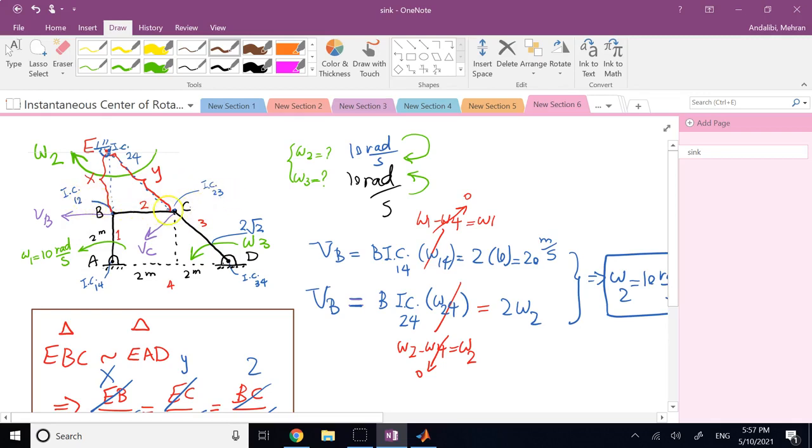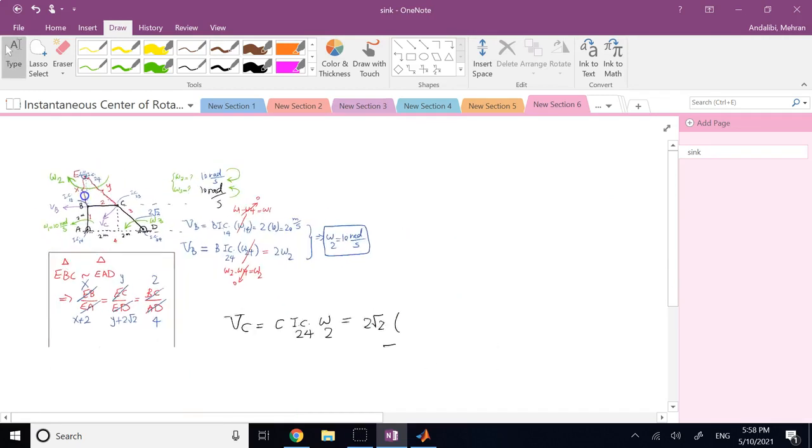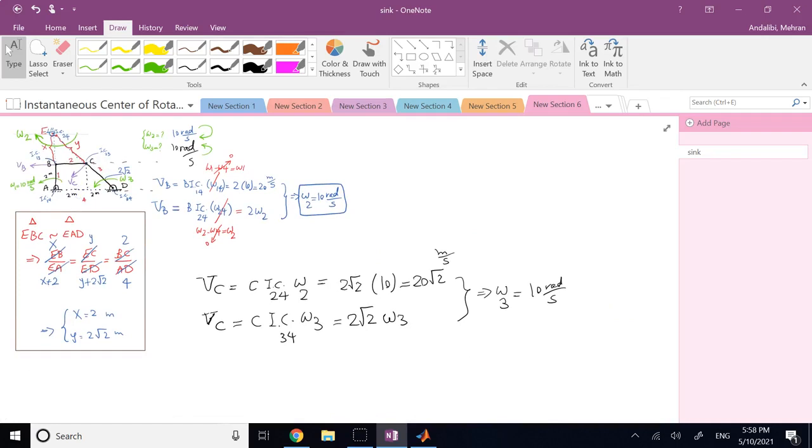So it is on the line connecting B to C. And then 1, 4 to 3, 4. So we have to connect A to D. But the problem is, if we continue these two lines, BC and AD, they do not intersect. So the center of rotation of 1 with respect to 3 is going to be at infinity, because these two parallel lines would not intersect, okay? But I just wanted you to know about it.